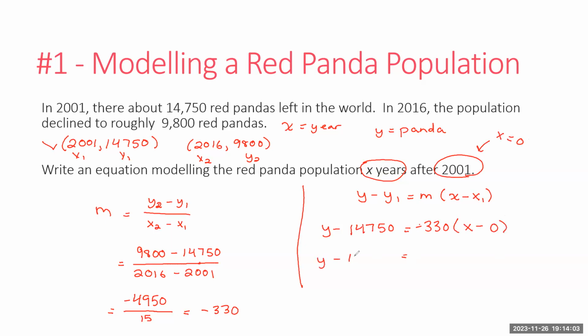So we kind of could have avoided using this equation. If I go through and finish this out, we end up with this. Initially, when we start at 2001, I have 14,750 panda bears, and every year I lose 330 of them.